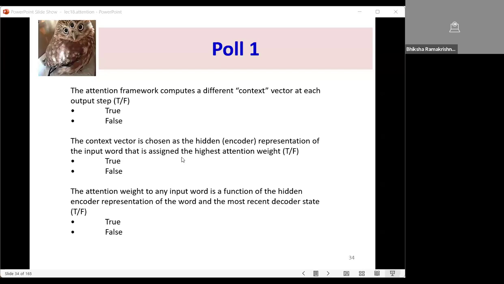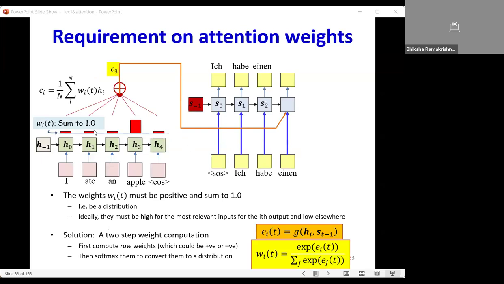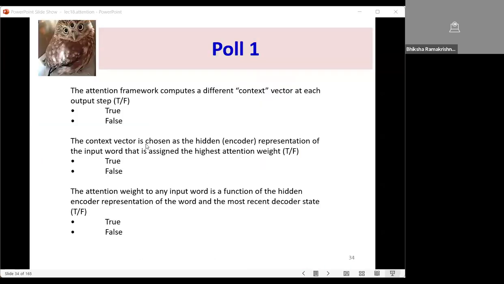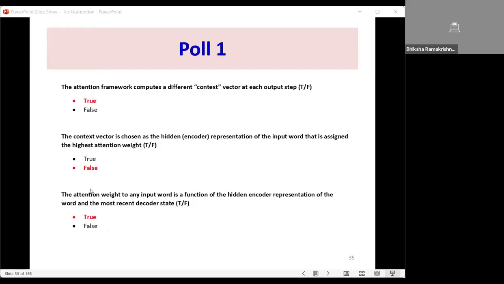You're computing the context vector as a weighted sum of the hidden states. So the one with the highest attention weight will get the largest weight, obviously, but you're still always going to be computing a weighted sum of all of these guys, right? So this is false. And the last one, the attention weight is a function of the hidden encoder representation for the word in the most recent decoder state. True or false? True. Okay. So true, false, and true.